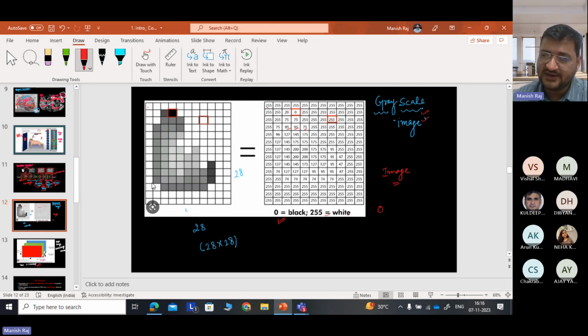So you can represent this image in the form of a grid of values, because every pixel has some value. For the binary image, it is white and black, so 0 and 1. For grayscale, it is 0 to 255.